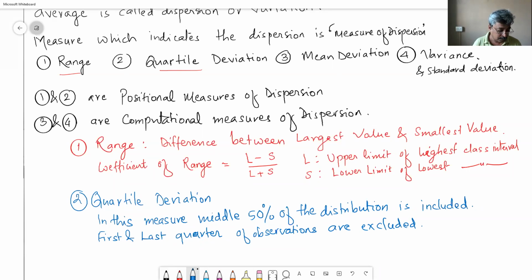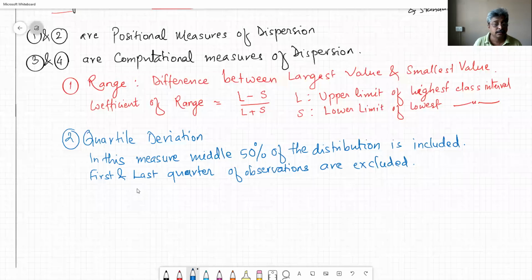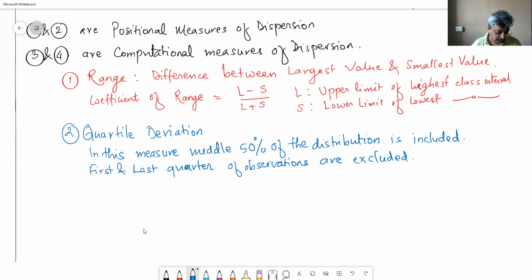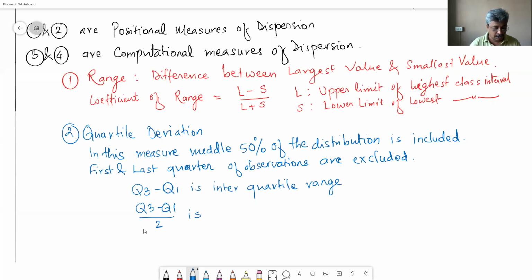So Q3 minus Q1 is interquartile range. And Q3 minus Q1 upon 2 is quartile deviation.